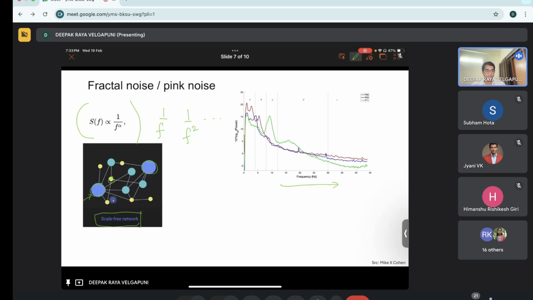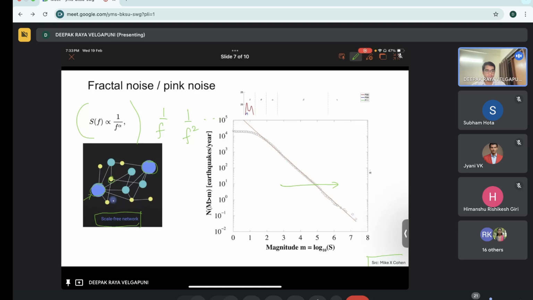Another real-world example is given by Mike X Cohen. You can look into his videos, they're very good. Here it is earthquakes. On the y-axis it's earthquake frequencies, earthquakes per year, and on the x-axis you see the magnitude on the Richter scale, which defines how big the earthquake is.